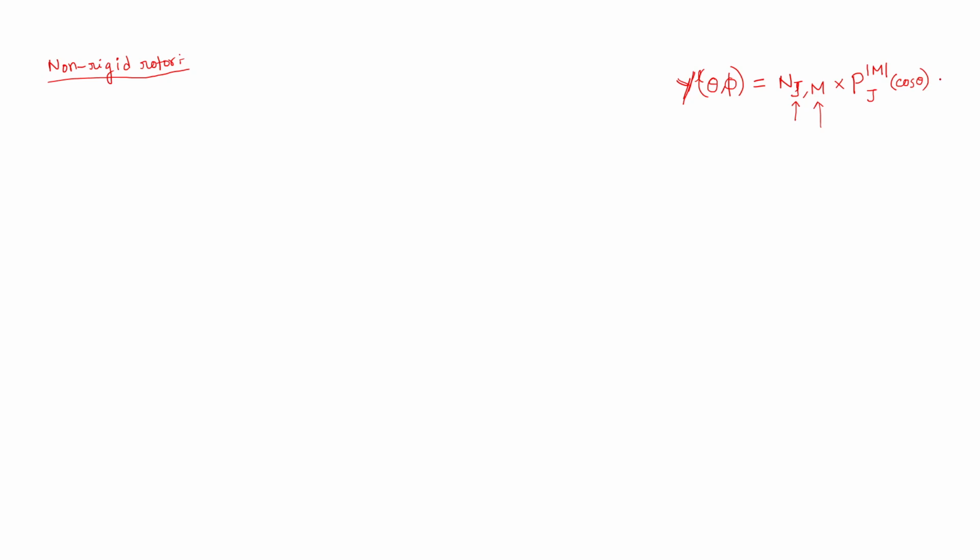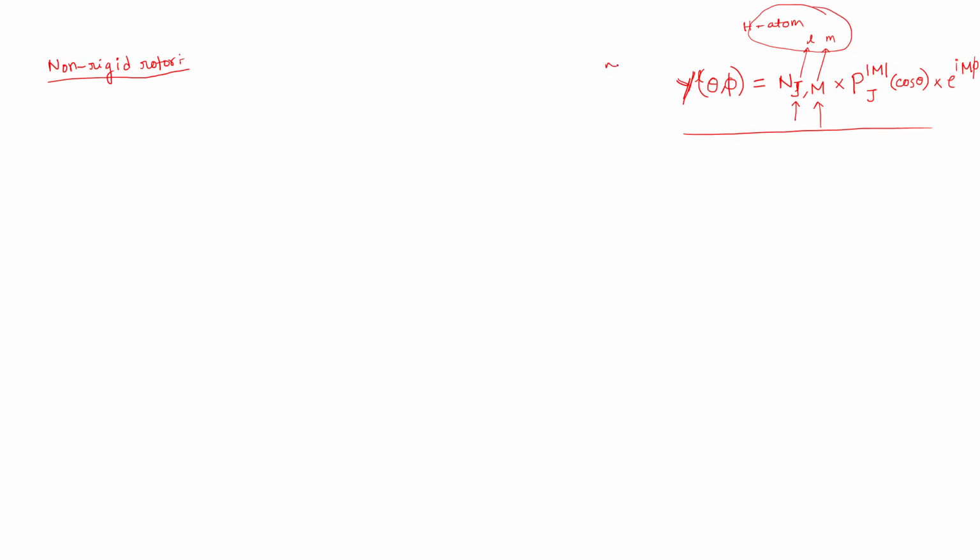And what else is there? There is the phi-dependent part, that is e to the power i M phi. In the hydrogen atom we generally take small l.